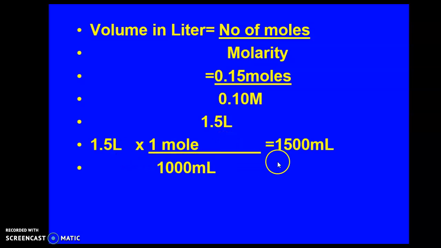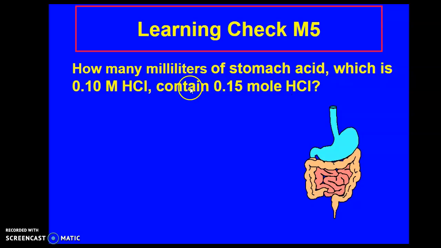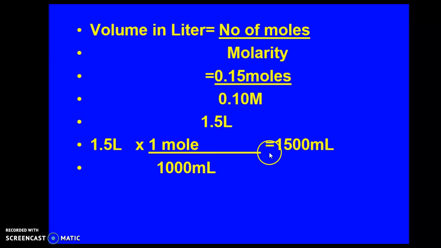So the total is now 1500. You convert the 1.5 liters to milliliters. The answer is 1500. Remember that your question asked how many milliliters of stomach acid. So when you get your answer in liters, you convert it to milliliters, because your answer was to be in milliliters.